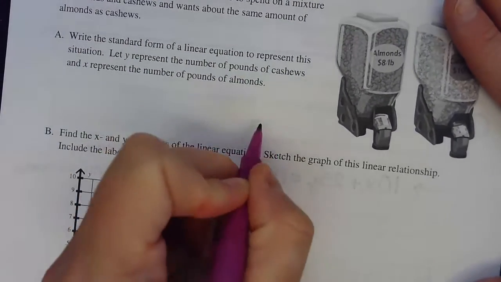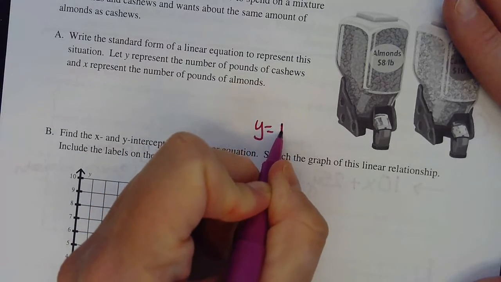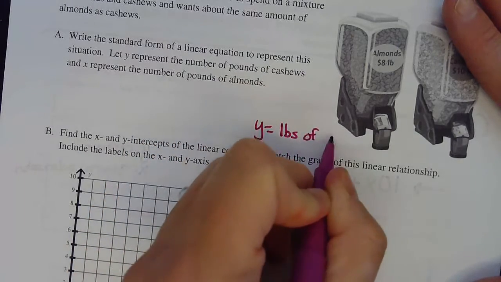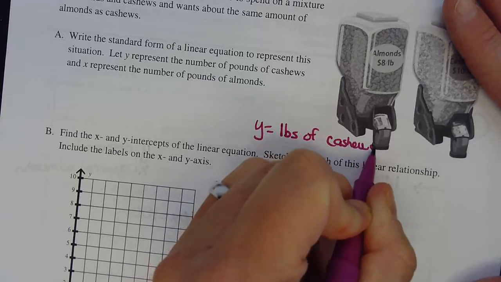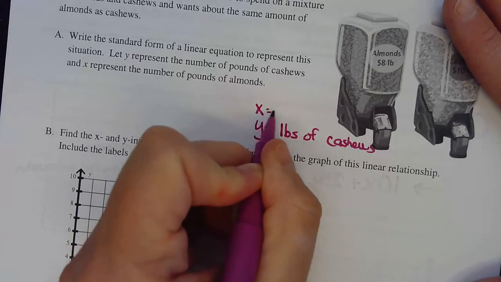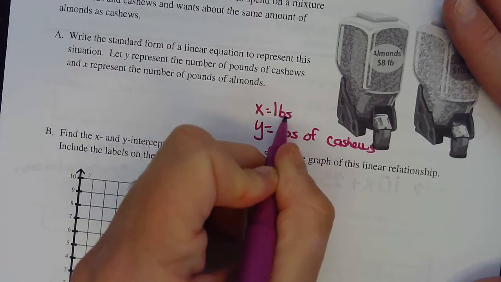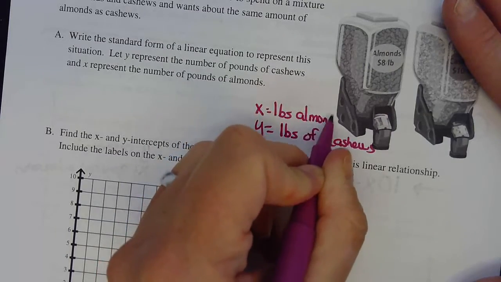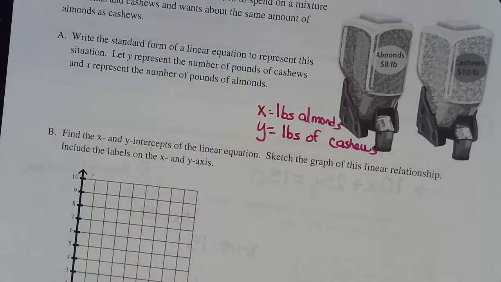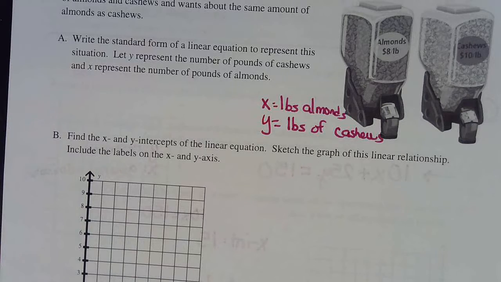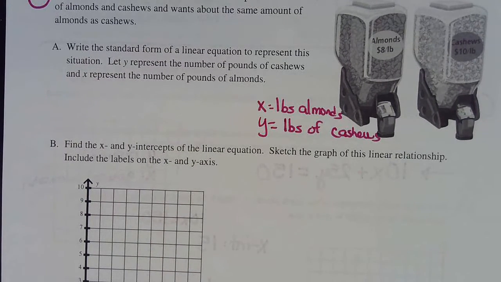Y equals pounds of cashews, and X stands for pounds of almonds. So X stands for almonds, Y stands for cashews. And the hardest part is to first write this equation.